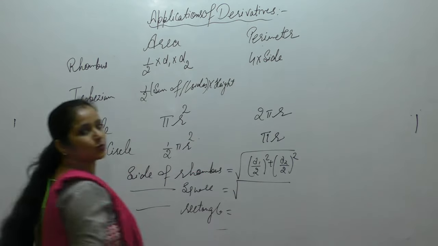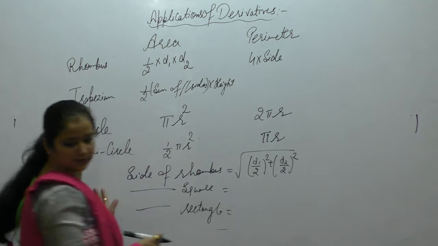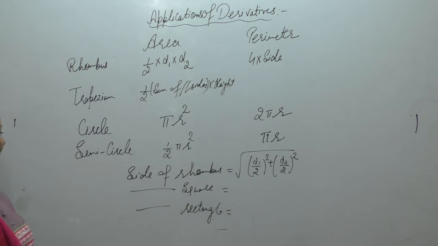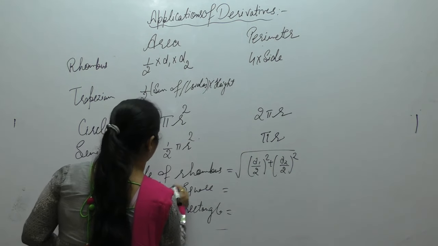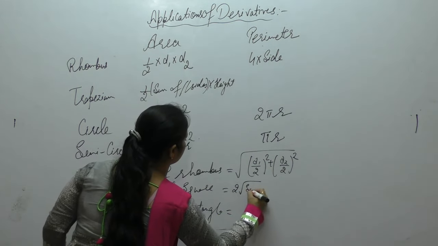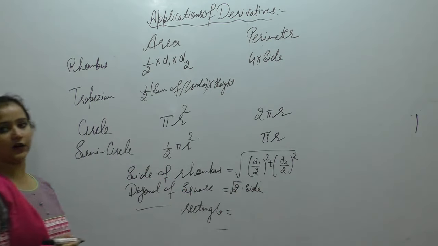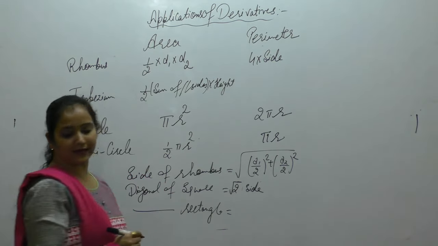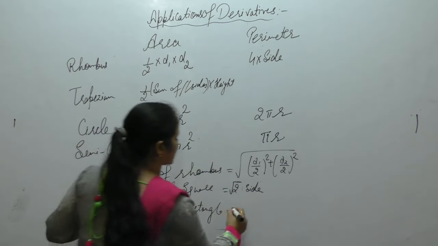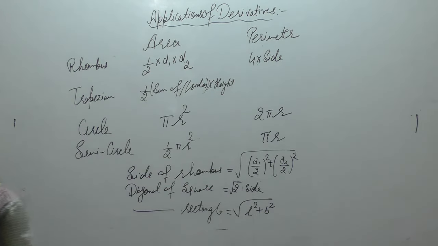Square की side is, diagonal of square is root 2 into side. And diagonal of rectangle is square root of length square plus breadth square. Clear?